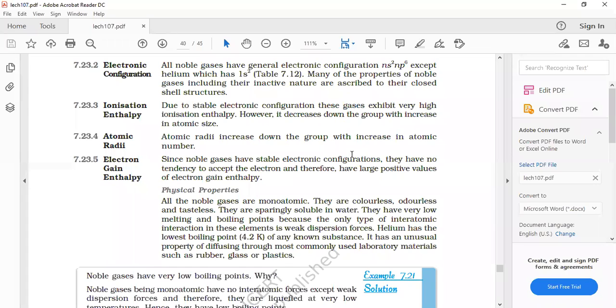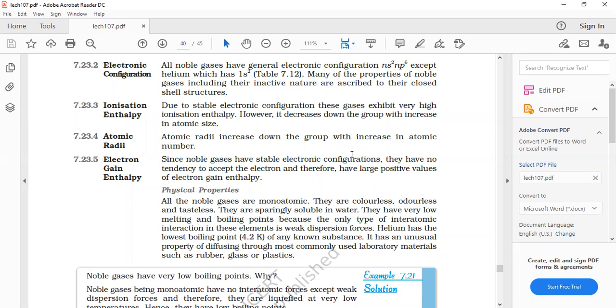Now, ionization enthalpy. The electronic configuration of group 18 is stable, so the energy required to remove an electron from a stable electronic configuration is very high. Therefore, the ionization energy of group 18 is very high compared to other elements.